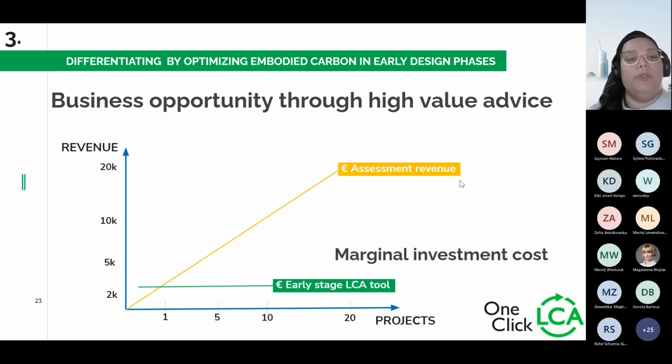So speaking of opportunity, providing life cycle assessment as a business for your customers can be a business opportunity that would add a lot through high value advice with a marginal investment cost, because we have tools for early stage LCA, so it would be a fixed cost that you can do for multiple projects.